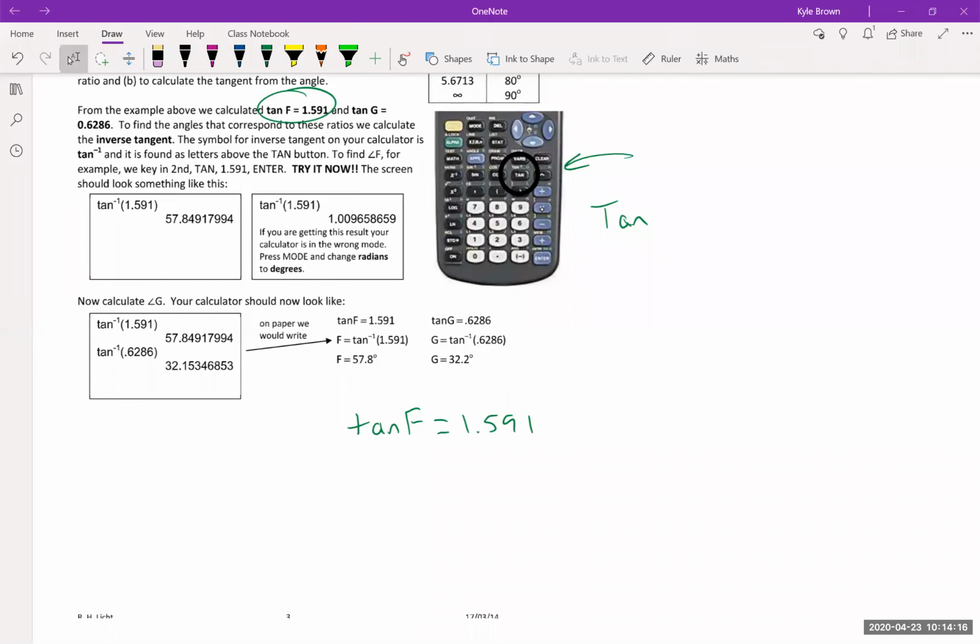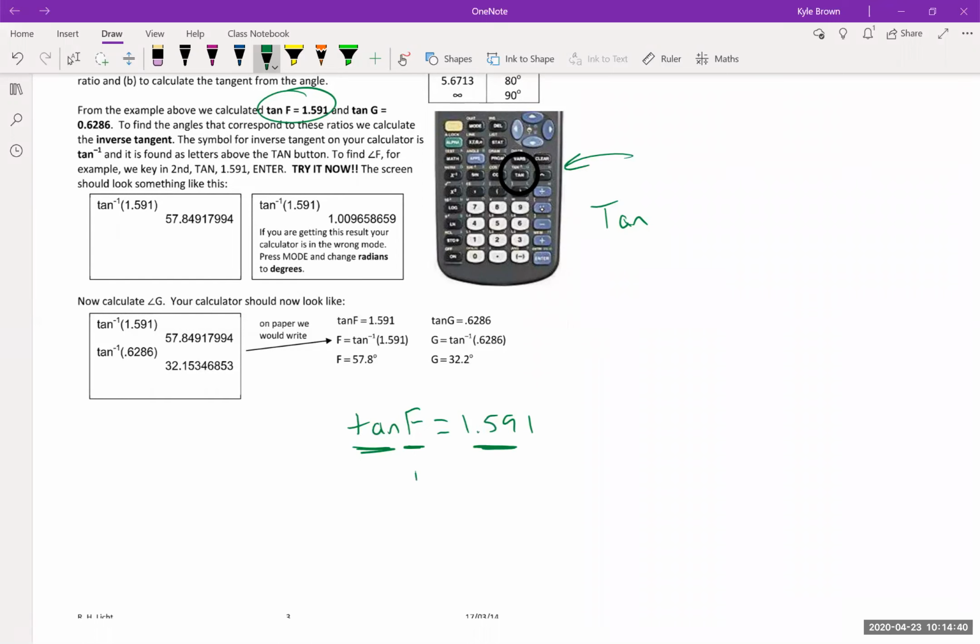The way you would do this is, if I'm doing tan of angle F and that's equal to this, what I need to do is "untan" it. It's like doing the inverse operation. It's like when you're multiplying something, you can unmultiply it by dividing, right? You can do the inverse operation. So the inverse operation of going tan of F actually looks like this.